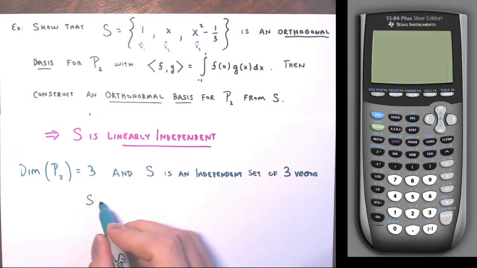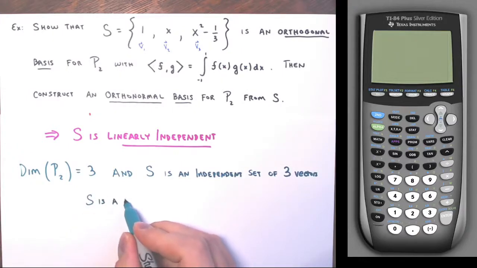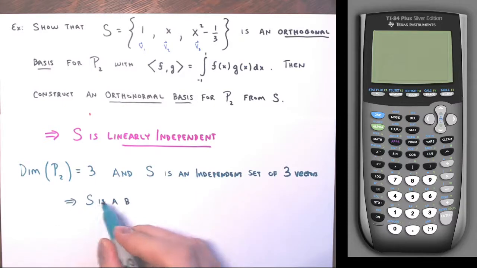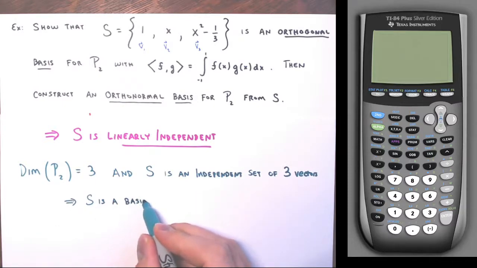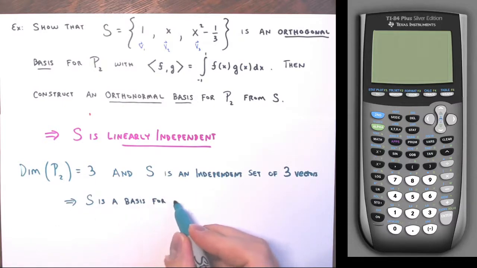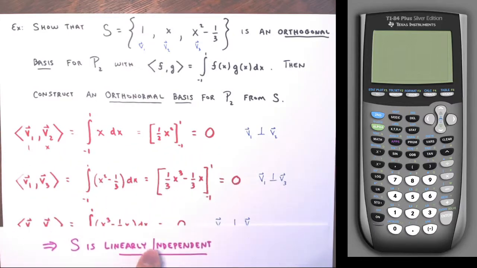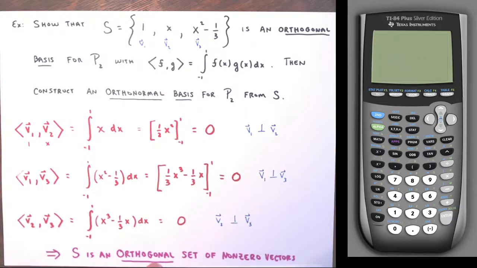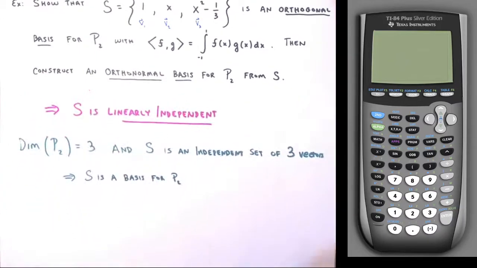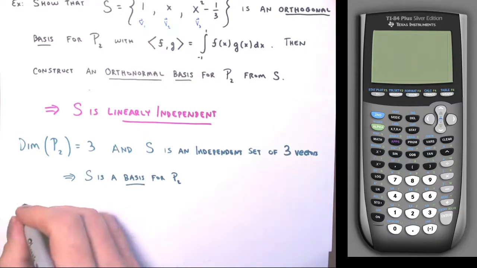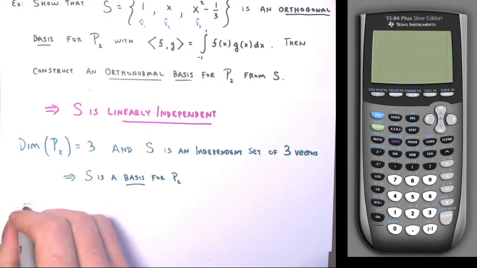So S is a basis for P2. And we showed earlier that it's an orthogonal set, right? It's an orthogonal set that is also a basis. So therefore, S is an orthogonal basis for P2.